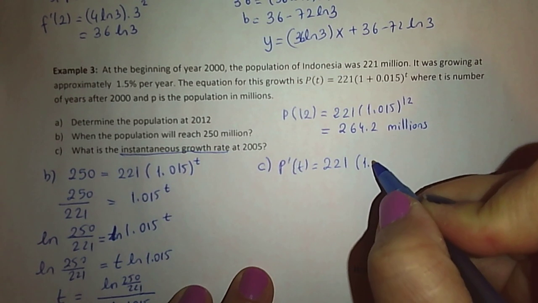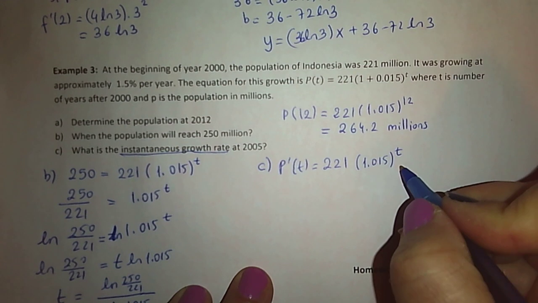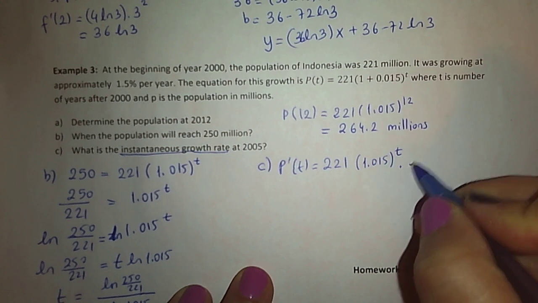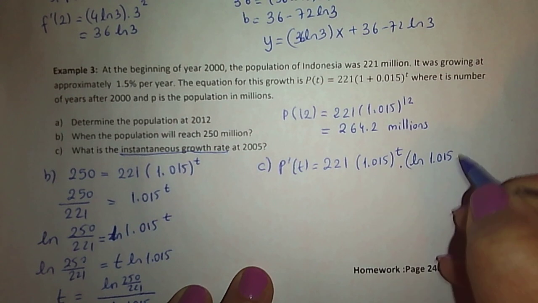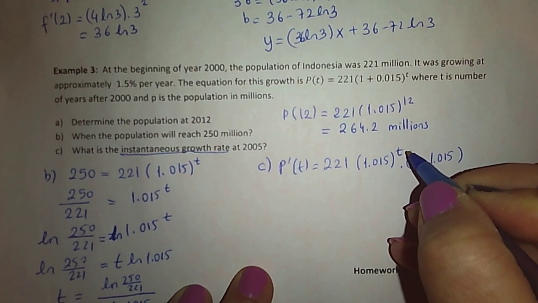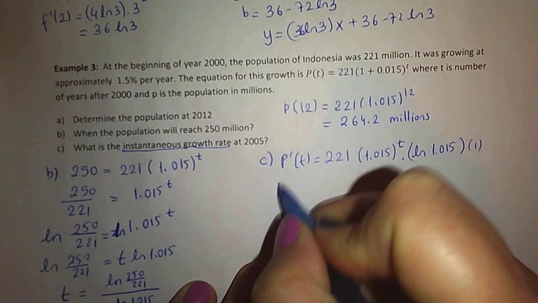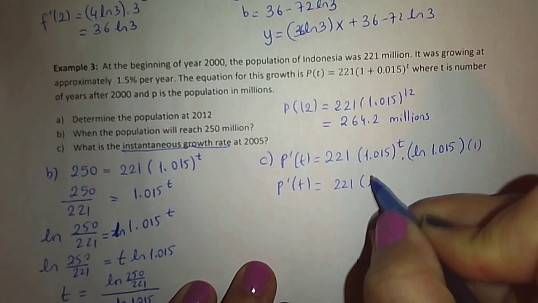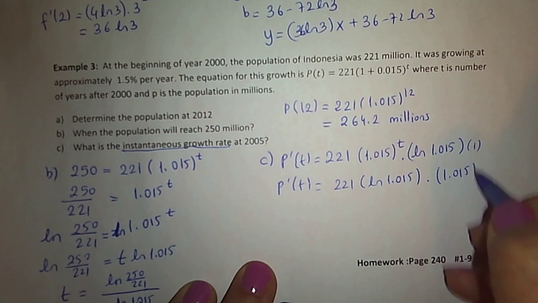Again, we keep it as it is, and then we multiply this by the ln of the base, and we need to multiply the whole thing by the derivative of the exponent. But the exponent is t, so the derivative of it is 1. Then we get 221 times ln 1.015 times 1.015 to the power of t.